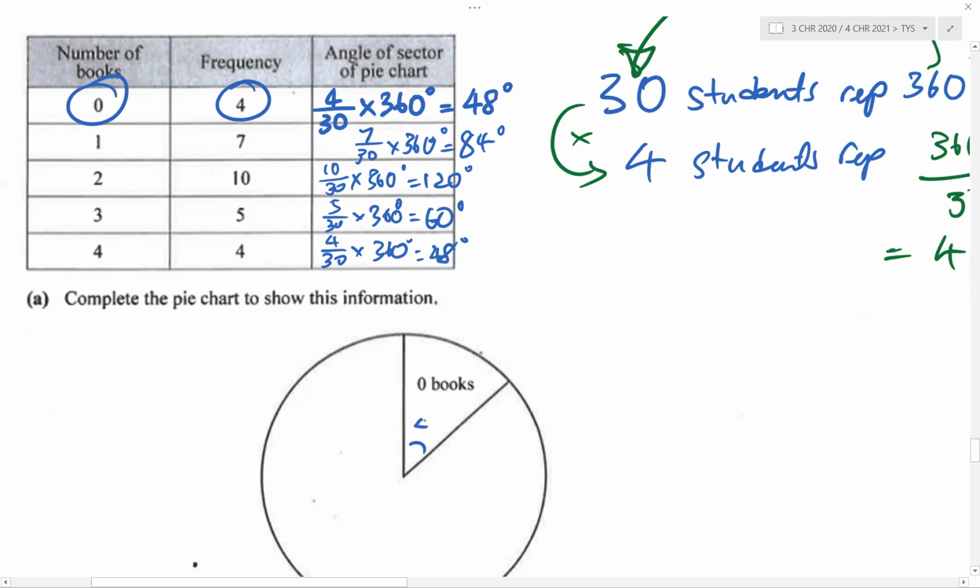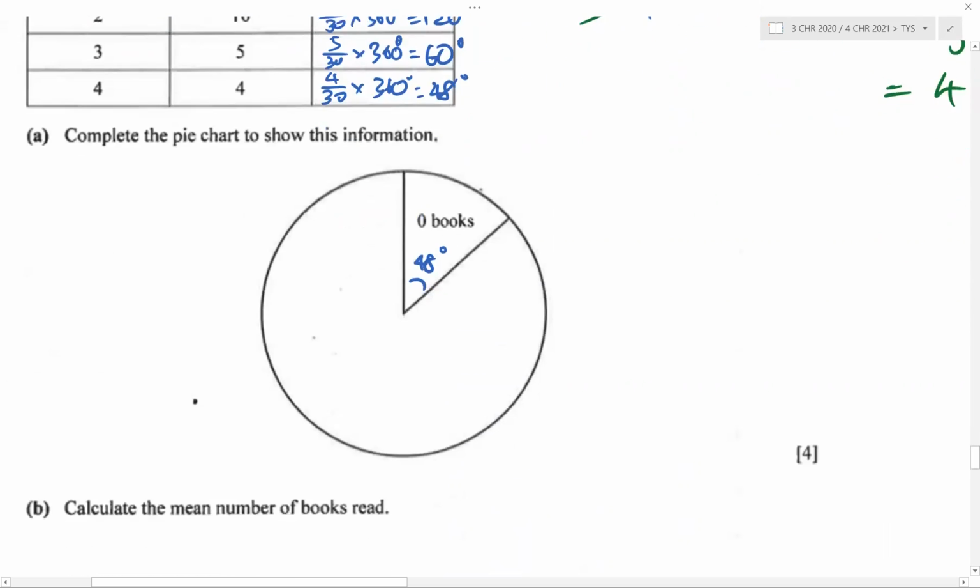Okay, so this is 48 degrees. Let's go with the one book. One book, 84 degrees. So take a protractor, measure 84 degrees. How to measure? Take protractor, measure now. Go and measure the 84 degrees and draw.